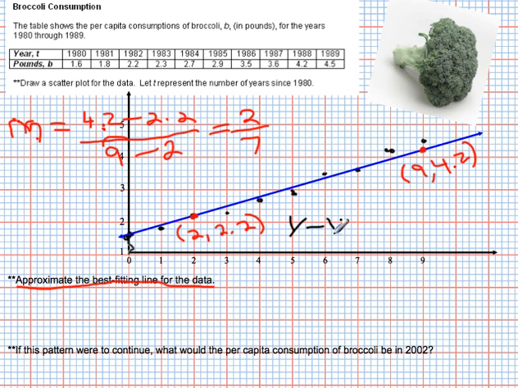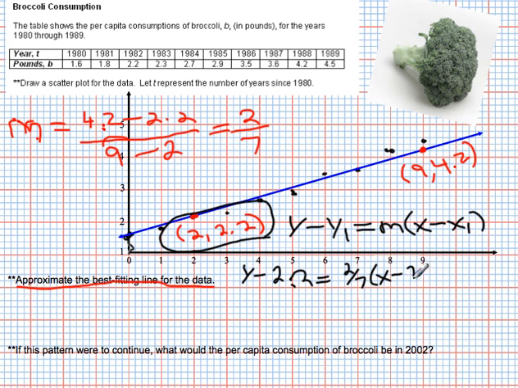And now if you think back, we need to go back to our equation y minus y1 equals m times x minus x1. So think about that equation. I'm going to plug in. I'm going to go ahead and use this as my x1, y1. So when I go to plug this in, it's going to be y minus 2.2 equals m, my slope is 2/7, times x minus 2.